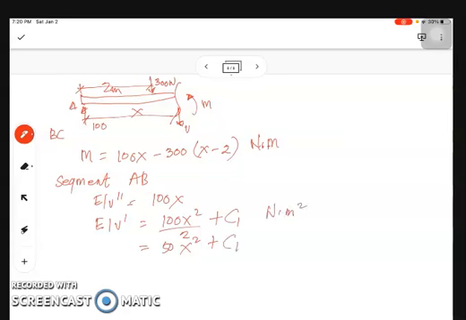Then EI v is equal to 50x cubed all over 3 plus C sub 1 x plus C sub 2. So we have now the equations for segment AB.